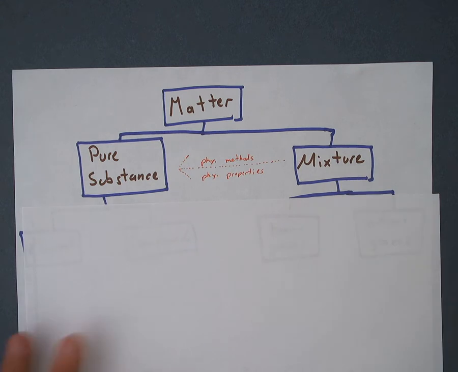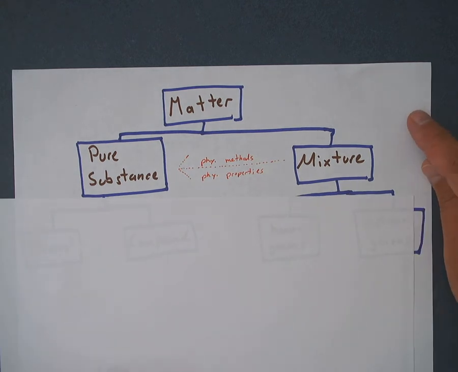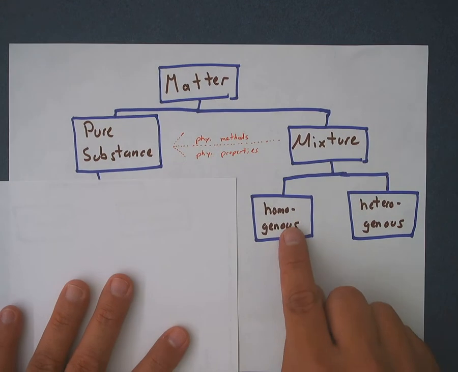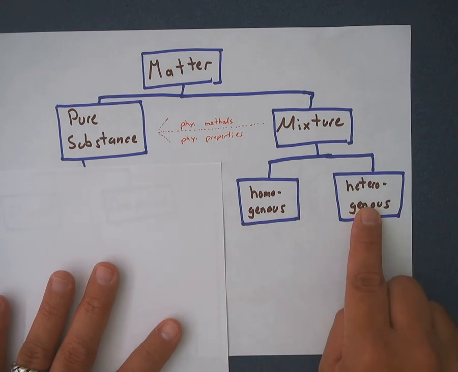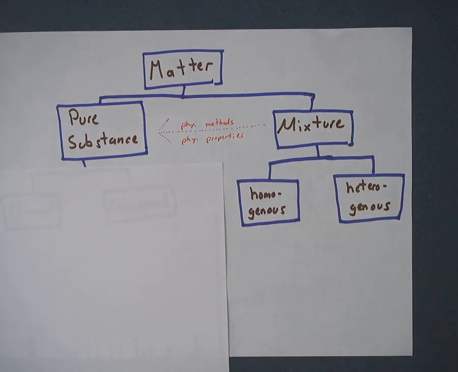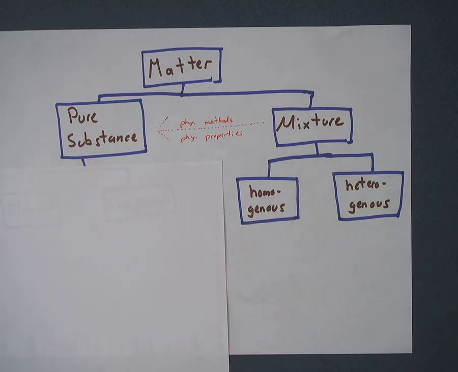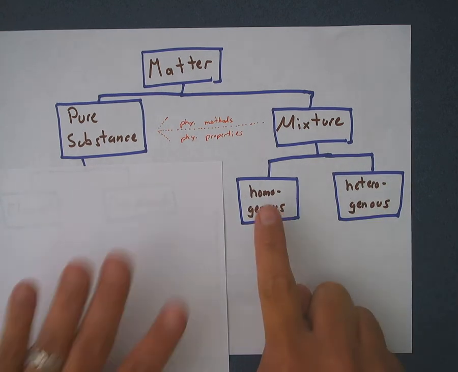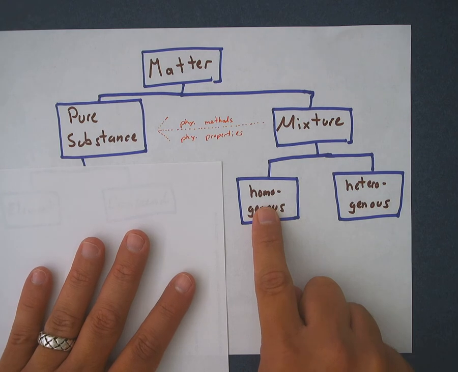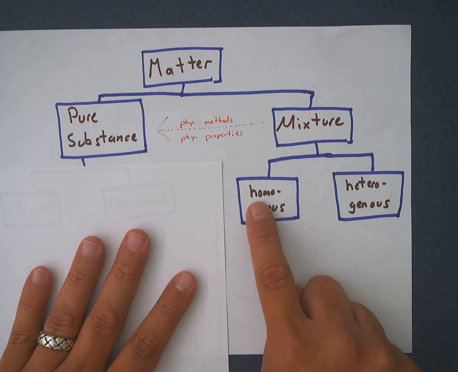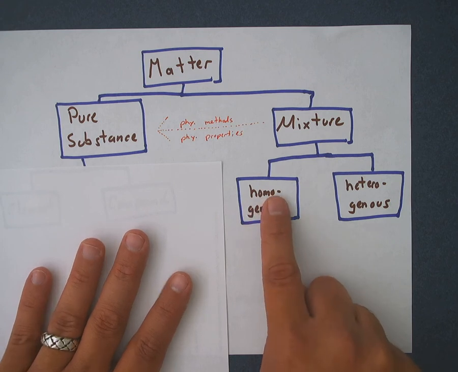Mixtures are divided into two different types. You can have homogeneous mixtures or heterogeneous mixtures. Okay. And these prefixes are used in other terms we have in class, but homogeneous mixtures, write this definition. These are mixtures, physical blends that are so well mixed that their composition is uniform.